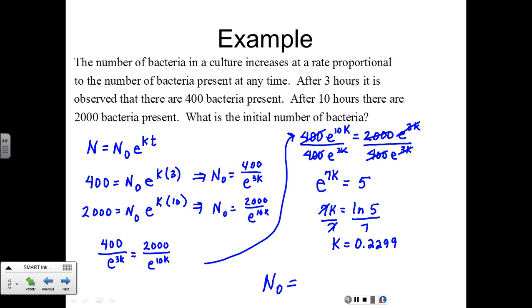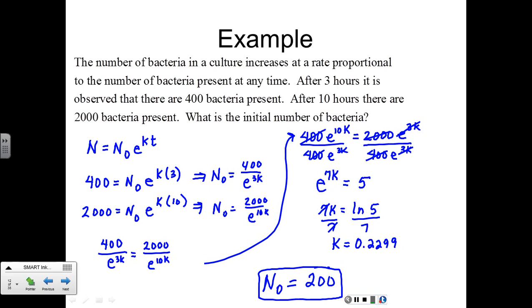I think I put 201 as the answer, but we're just going to put 200. How about that? Of course, don't put a decimal answer because we don't care about how many little half bacteria are laying around in that petri dish. Okay?